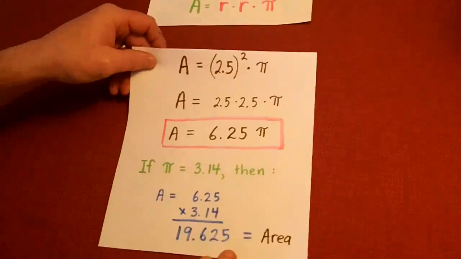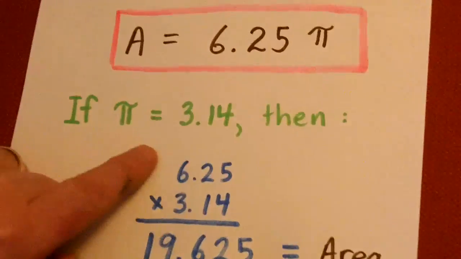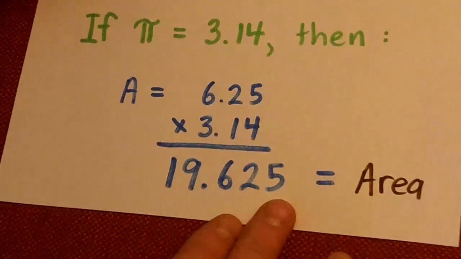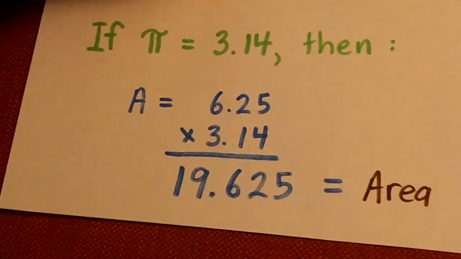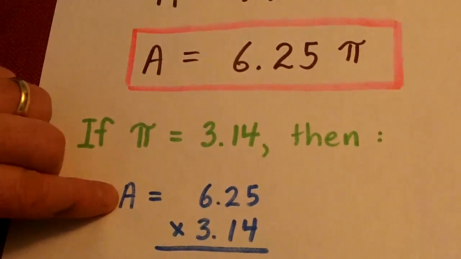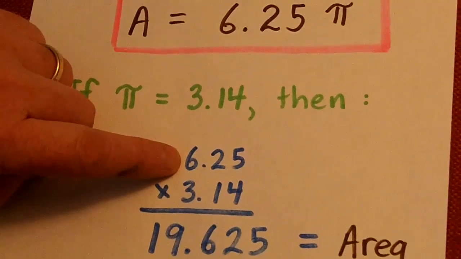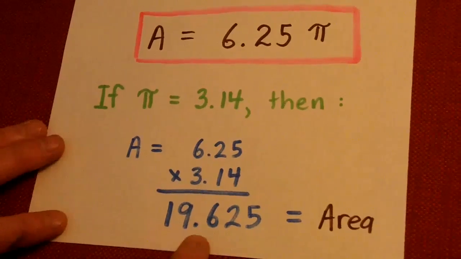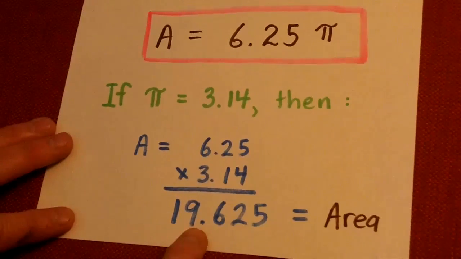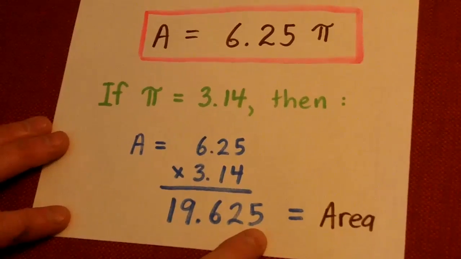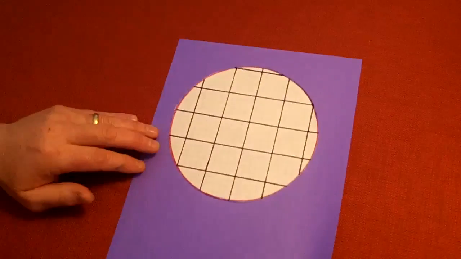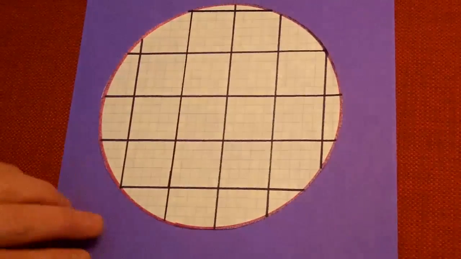Now, if we want to assign a number to pi, like let's say the decimal pi is 3.14, then area is equal to 6.25 times decimal pi, and this would be the area, 19.625.